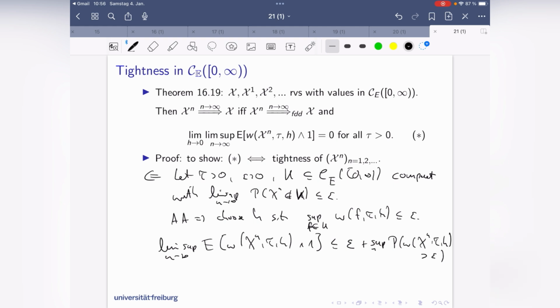The probability for this is at most epsilon. So I have the bound that all this is less than 2 epsilon. But epsilon was arbitrary, which means that this limit here has to be 0. And we have shown that if I have tightness, then this equation here holds.